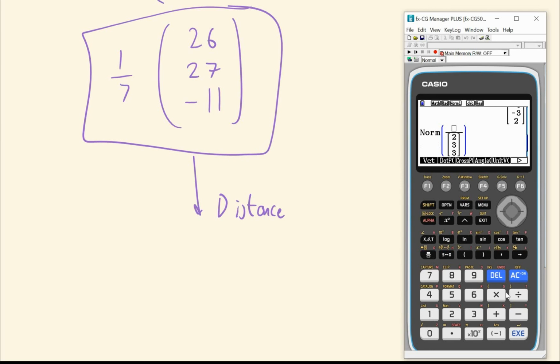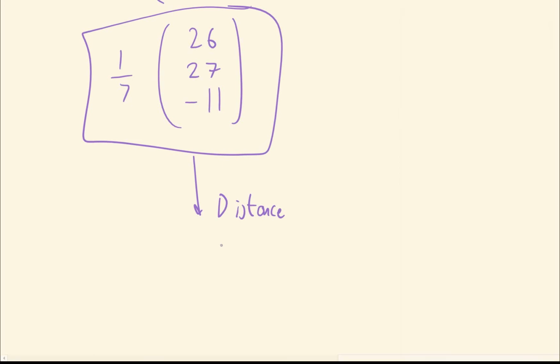So we have 26 over 7, 27 over 7, and minus 11 over 7. And there we go, that is the shortest distance, 5.58 square units or whatever.